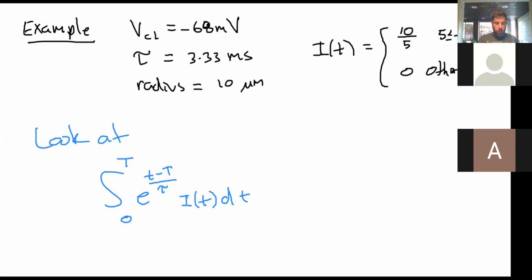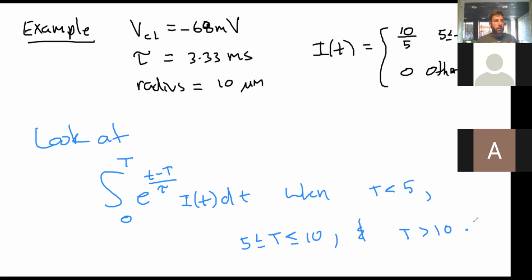Look at this integral when t is less than 5, when t is greater than or equal to 5 and less than or equal to 10, and of course when t is greater than 10.